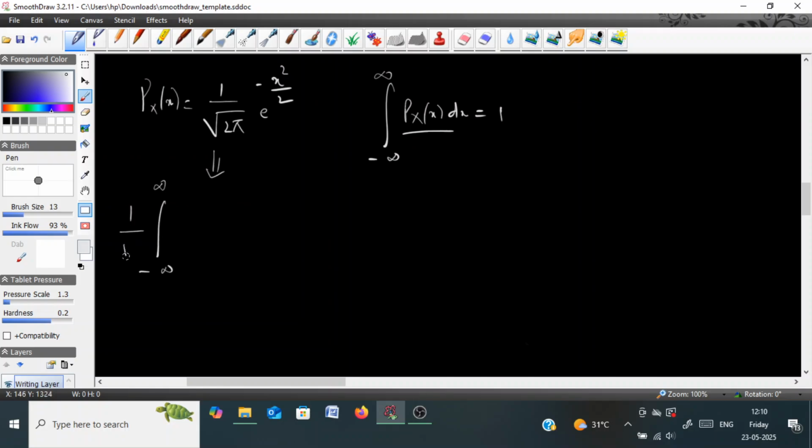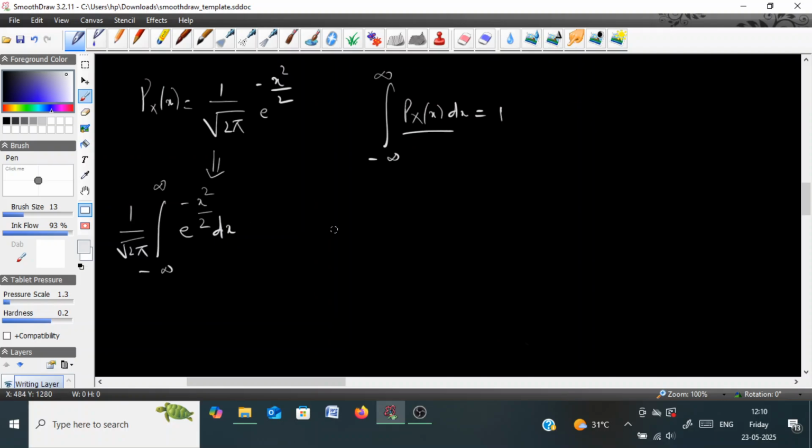Okay. So if I integrate this function from minus to plus infinity, 1 by square root of 2 pi, which is a constant, I can take outside the integration, e raised to power minus x square by 2 dx. Okay.